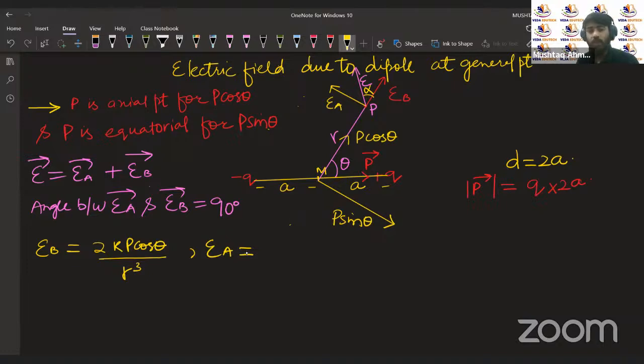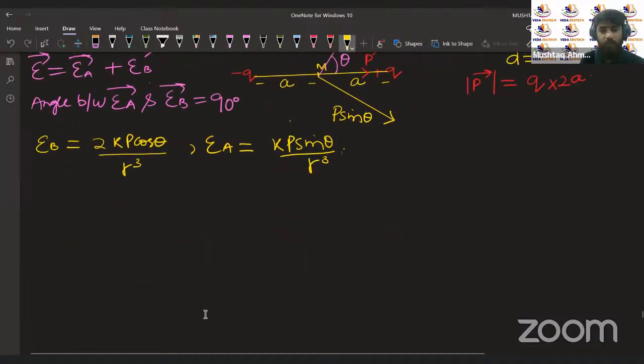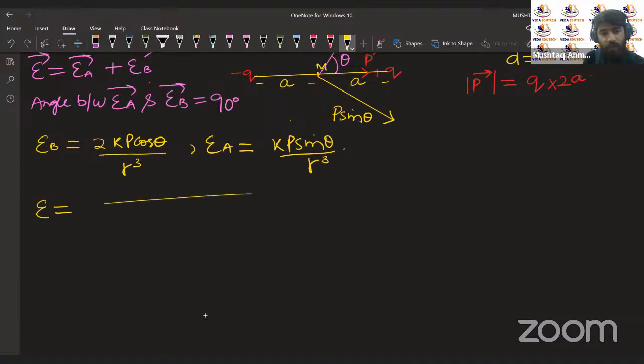Point P is the equatorial point, and we know that the magnitude of the electric field at an equatorial point is Kp by r cube, and P here is P sin theta. So EA is Kp sin theta over r cube. These two vectors are perpendicular to each other. It means that the magnitude of the resultant electric field will be the square root of EA square plus EB square, right?